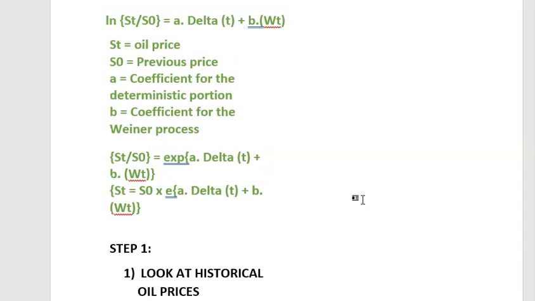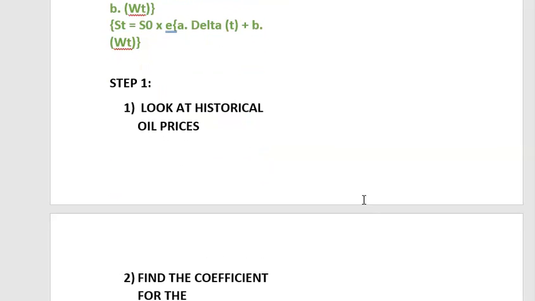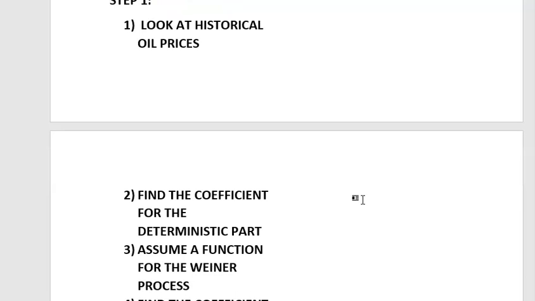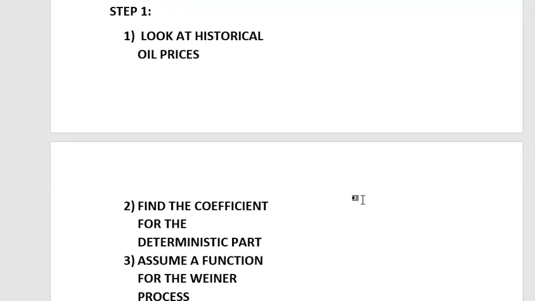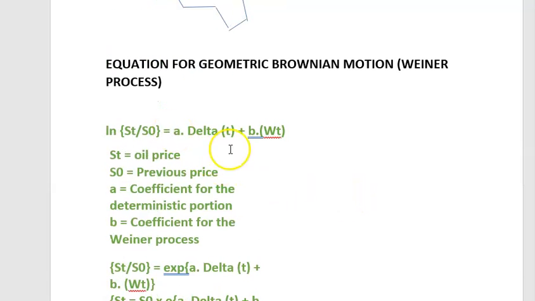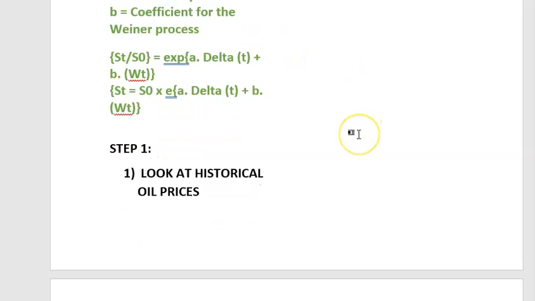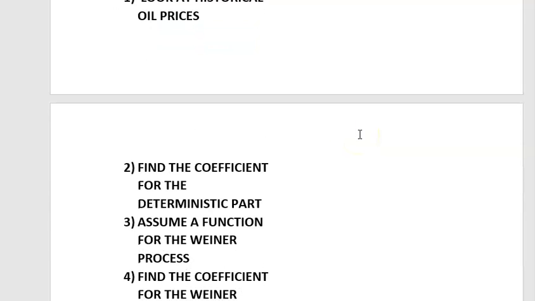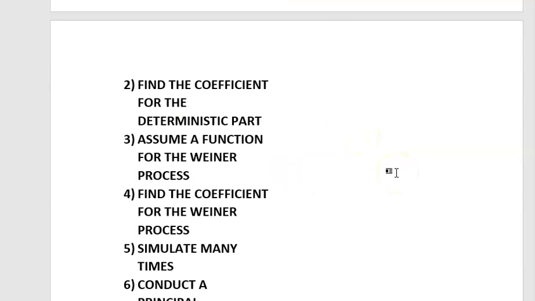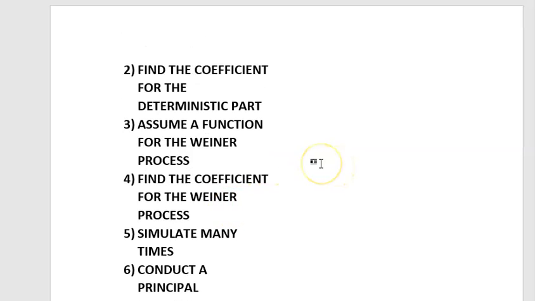Now, what are the steps in the Brownian motion? Step 1, look at the historical oil prices. Find the coefficient for the deterministic part, that will be the A. Then assume a function for the Wiener process, and then find the coefficient for the Wiener process.